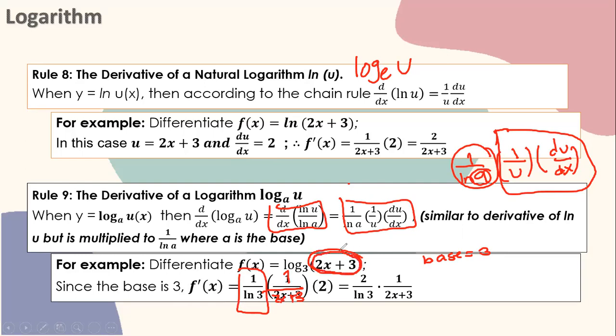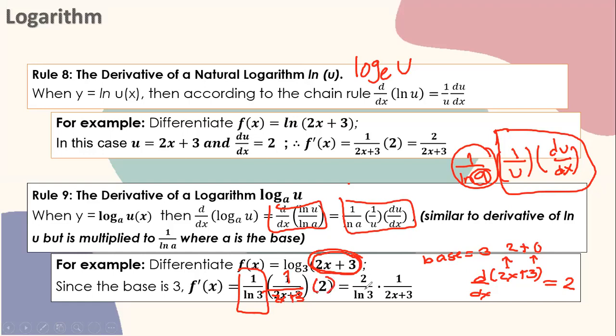yung nasa loob ng ating logarithm ay may derivative pa. So the derivative of 2x plus 3 with respect to x is equal to 2. Okay? So derivative ng 2x is 2. Derivative ng 3 is 0. So that is equal to 2. Okay?